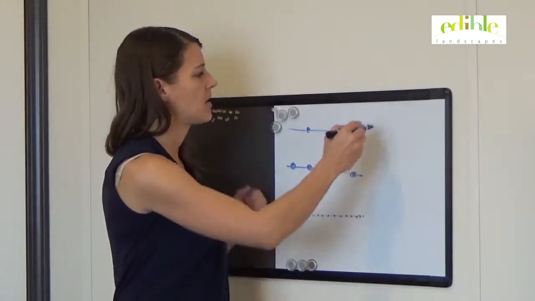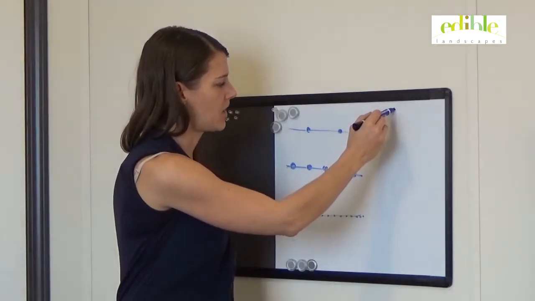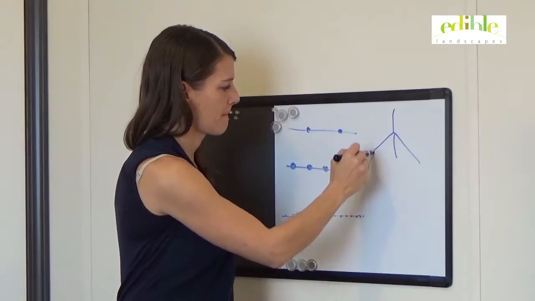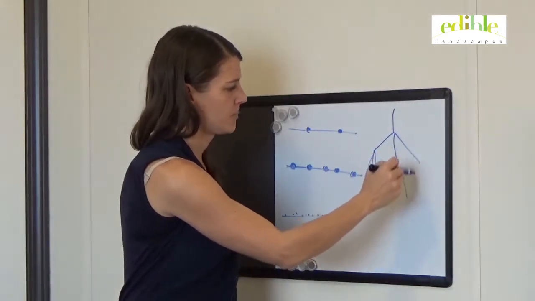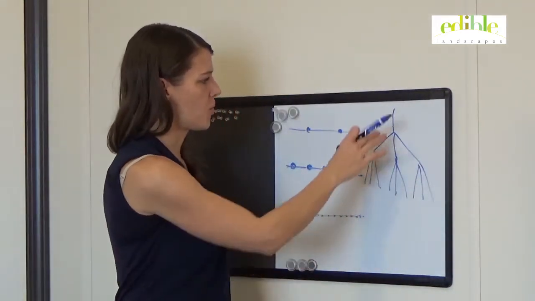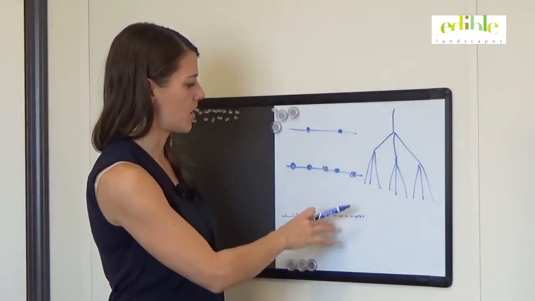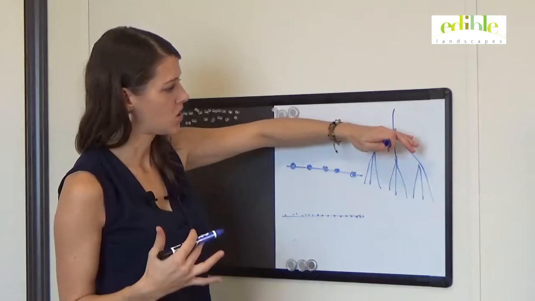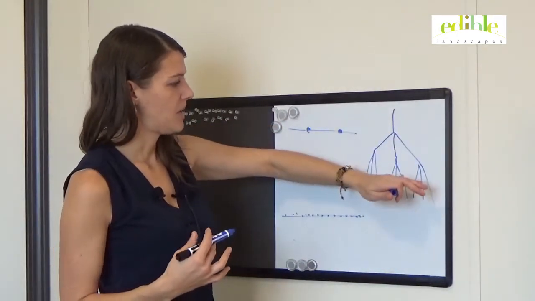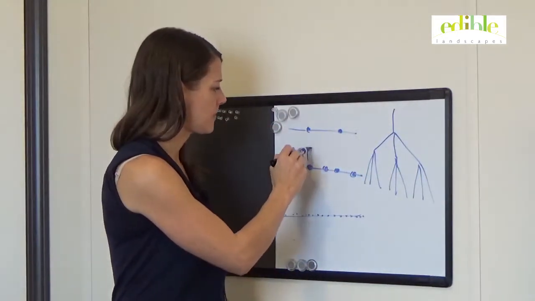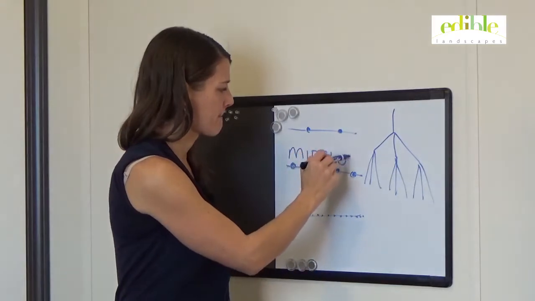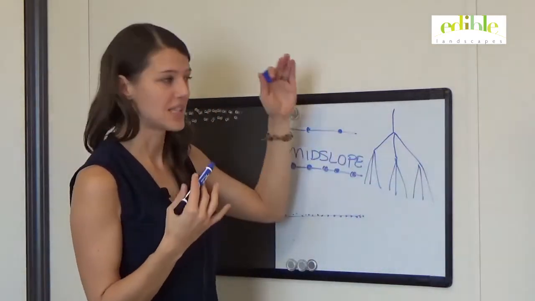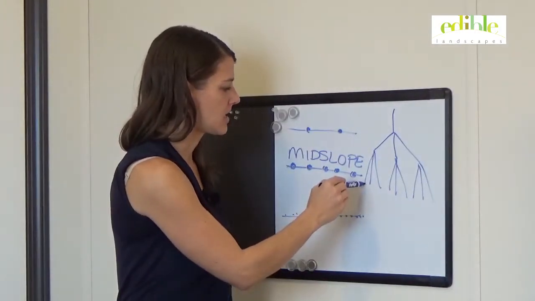So we can think of it almost like the dendritic pattern of our root systems, where the water systems on our property at the top are going to be few but very large, and then mid-slope, they're going to be more numerous but slightly smaller in size.